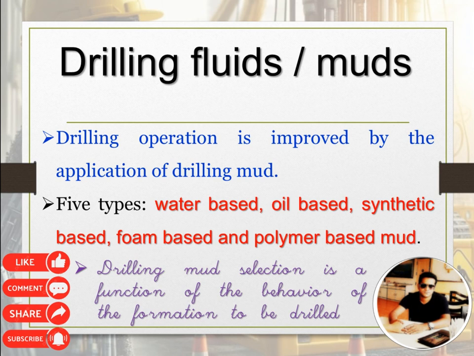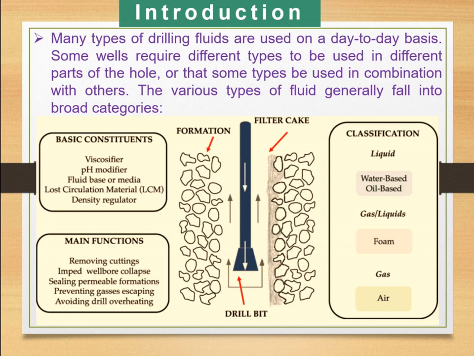So ultimately, drilling mud selection is a function of the behavior of the formation to be drilled, because there are different types of formation, maybe shale, sandstone, limestone, depending upon the situation, which I will be discussing. Now see, there is a formation. Suppose it is highly porous and permeable.